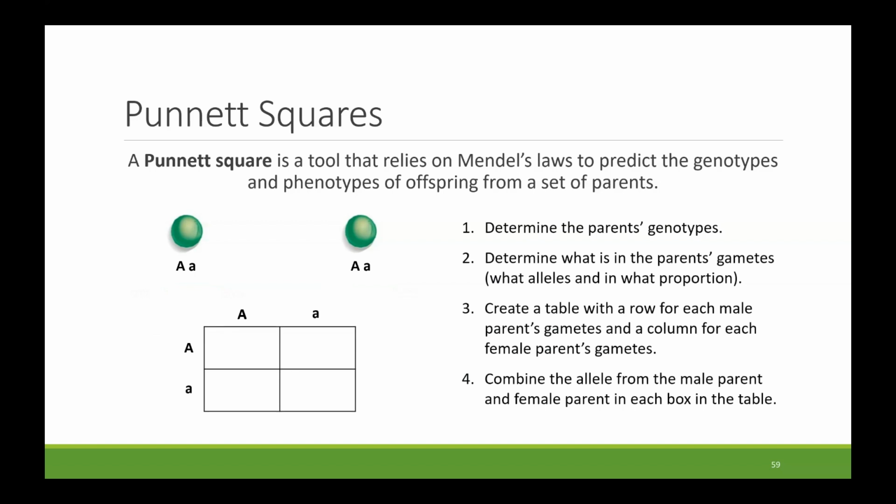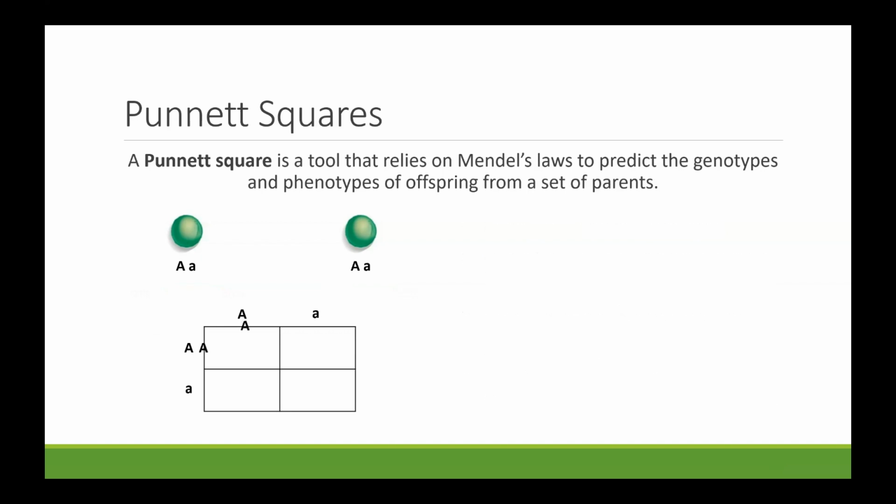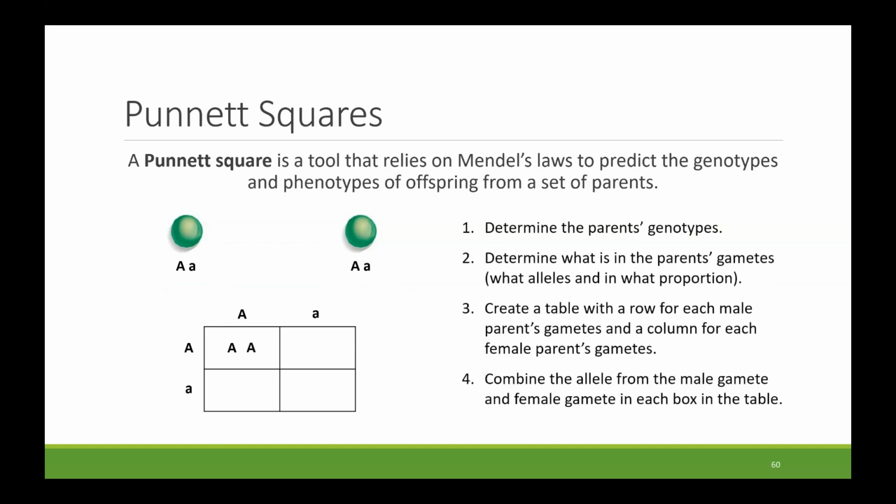So we do this by taking the allele for the male parent on the side and the allele for the female parent on the top, and you write them both in the box in the middle. So if we focus on the box in the upper left-hand corner, it gets 2 capital A's, one from each parent. And what you just did there, what that simulates is fertilization.